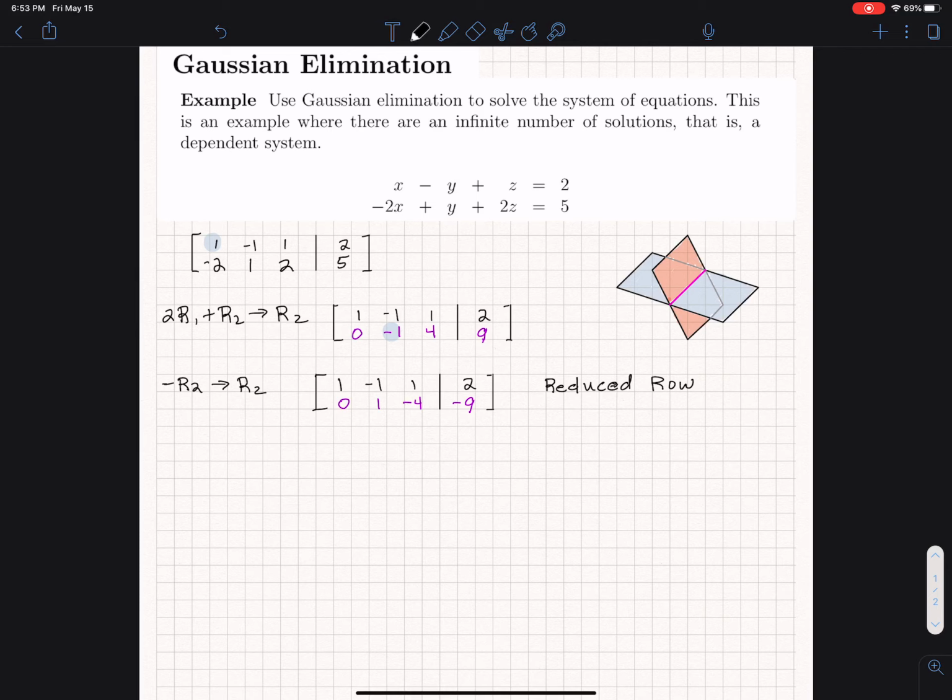Below that is a 0 or zeros. Then when you go to the second row, the first non-zero entry on the left is a 1, and that lies to the right of the lead entry above it.